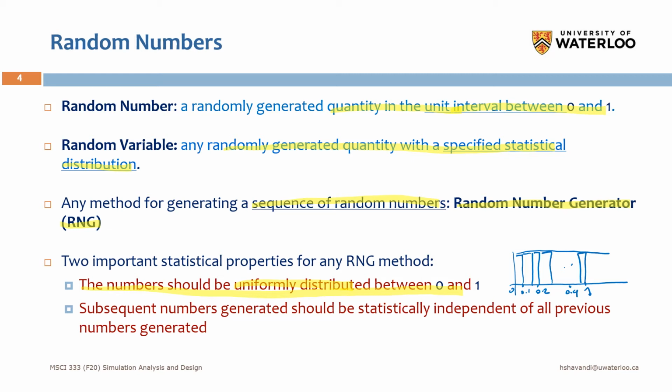For example, let's say we have generated 1,000 random numbers. Then we expect to have 100 numbers between 0 and 0.1, 100 numbers between 0.1 and 0.2, and up to 100 numbers between 0.9 and 1.